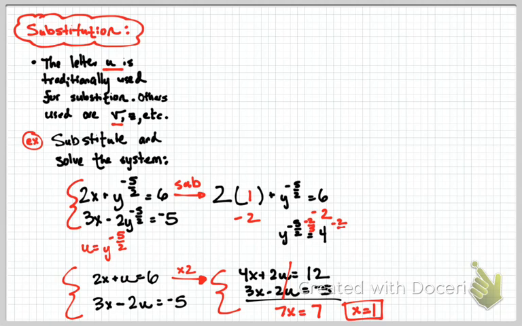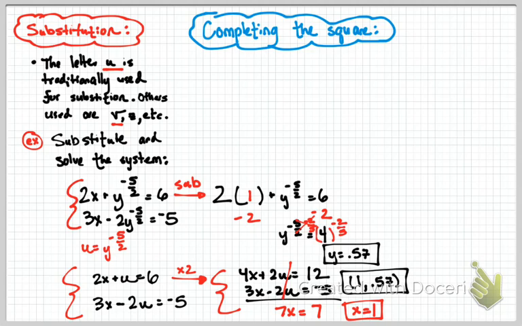These cancel. So get your calculators out. 4 to the negative 2 over 5. I think you end up getting 0.57. So you get 1 comma 0.57. That's your x, and that's your y. That's our final answer.